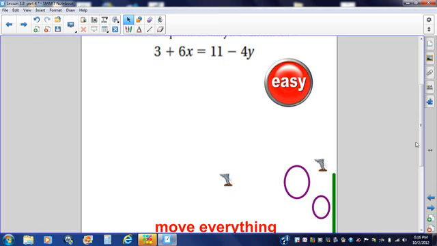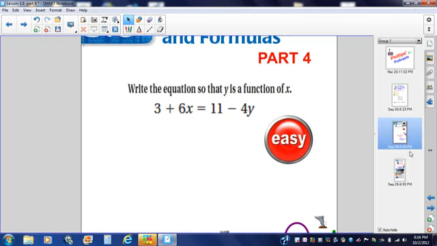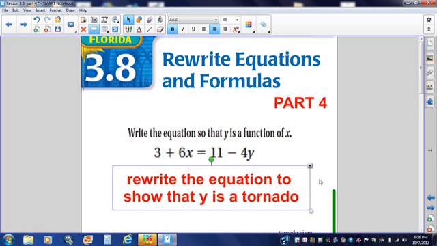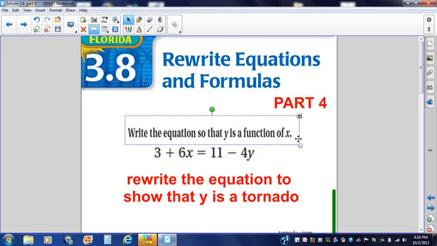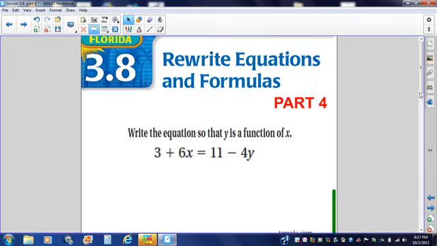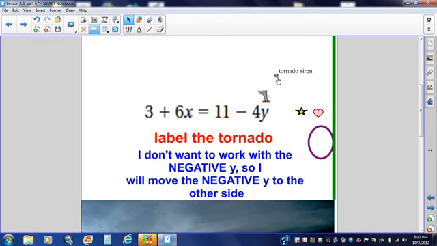When you see this problem, rewrite the equation to show that y is a tornado. So when they ask you to rewrite the equation so y is a function of x, hit the easy button like the Bears did. You are going to rewrite the equation to show that y is the tornado. So, gotta get our sound effects.